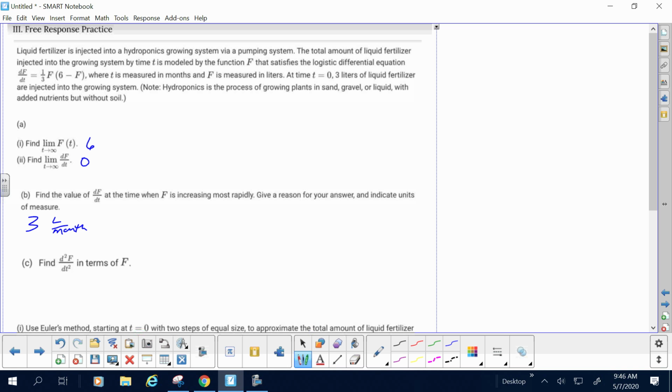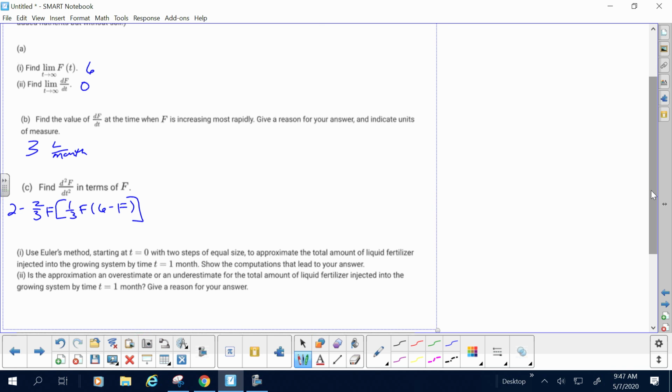This I have is 2 minus 2/3 f times 1/3 f, 6 minus f, and this I have 45/8 liters. Okay, or 5 5/8 liters.